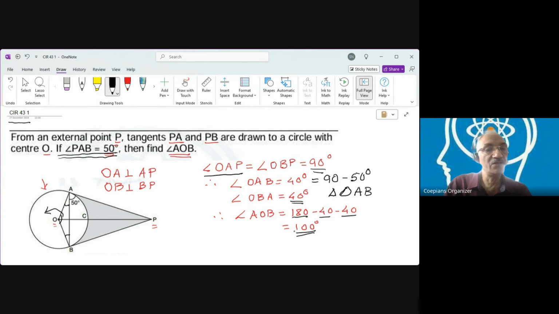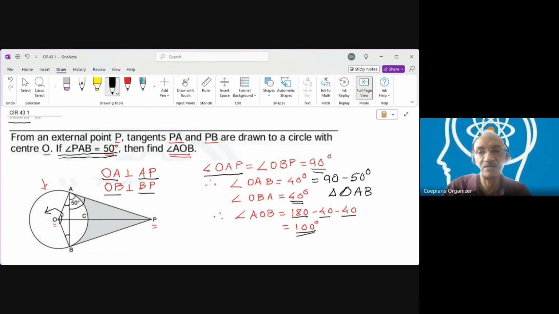So friends, we used the property of the triangle and the tangent, that the tangent is perpendicular to the radius. So that's how we got OA is perpendicular to AP and OB is perpendicular to BP. So these two angles are 90 degrees, and we are given that angle PAB is 50 degrees.